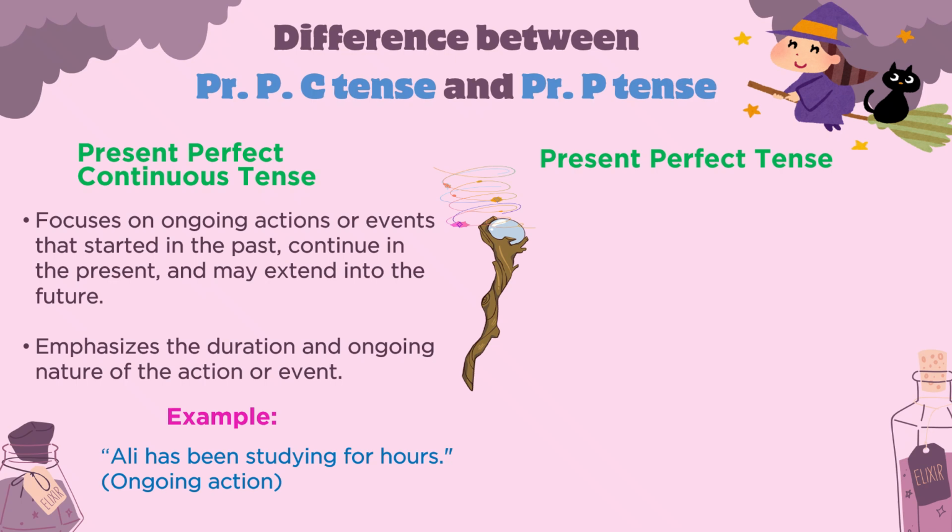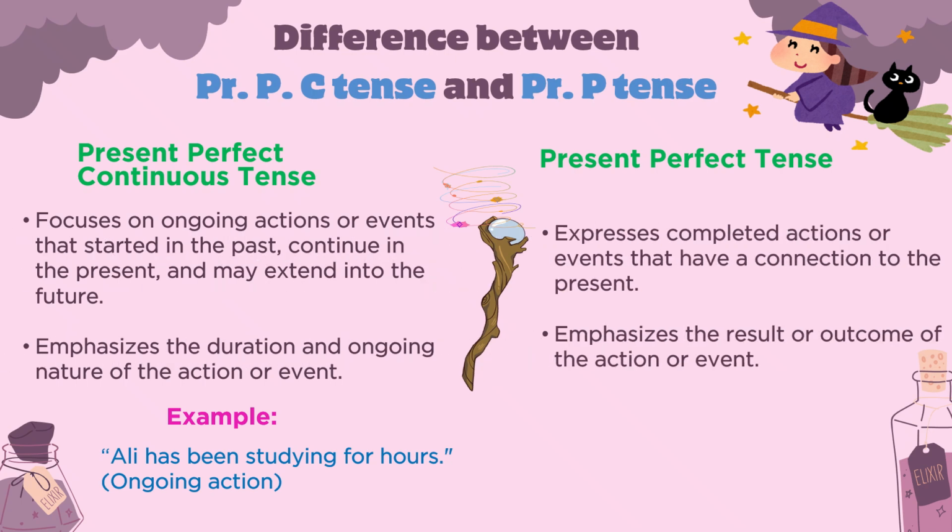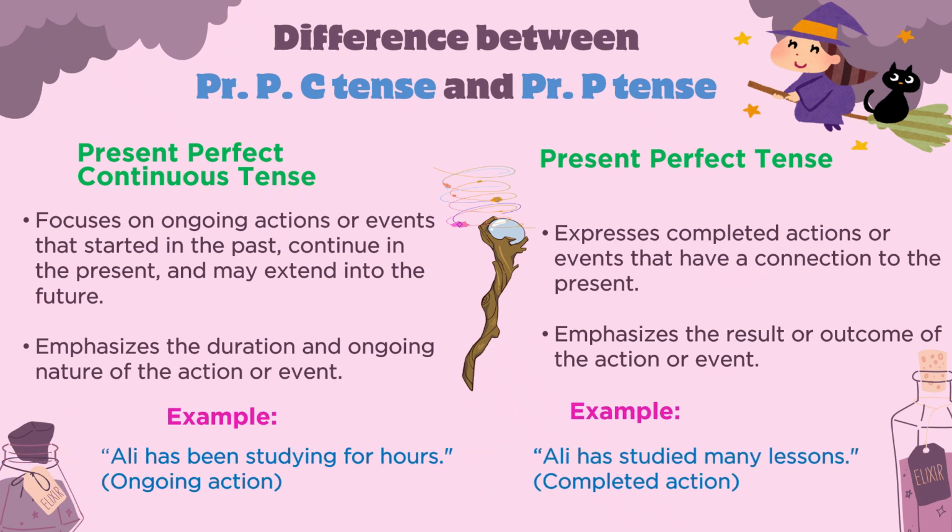The present perfect tense expresses a completed action or events that have a connection to the present. It also emphasizes the result or outcome of the action or event. For example, Ali has studied many lessons.